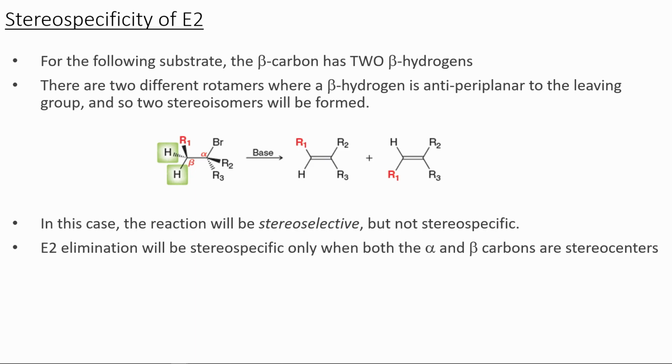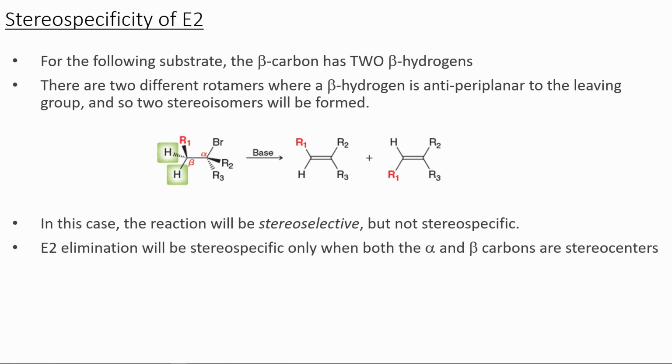For the following substrate, the beta carbon has 2 beta hydrogens, so we're going to be able to obtain 2 different rotamers where the beta hydrogen is anti-periplanar to the leaving group. And so in this case, we'll obtain both stereoisomers. Since we have 2 hydrogens and free rotation about this bond, we could obtain either isomer.